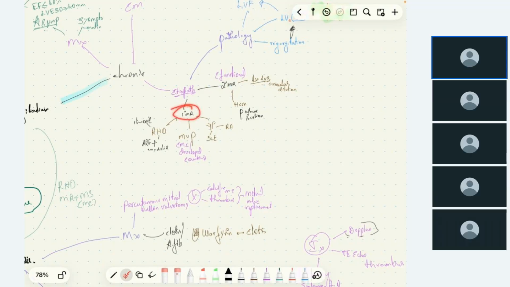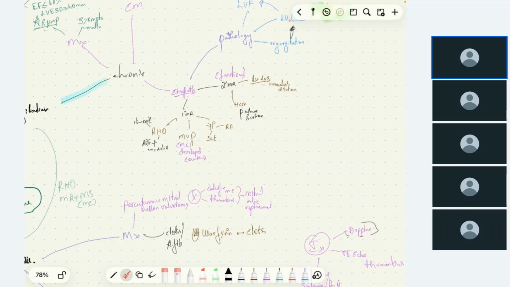Primary mitral regurgitation is the mitral regurgitation due to primary pathology involving the mitral valve. The secondary mitral regurgitation, or the functional mitral regurgitation, is due to secondary causes like HCM, that is hypertrophic cardiomyopathy, or left ventricular dysfunction leading on to annular dilation.